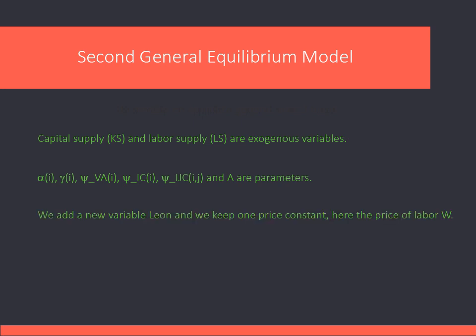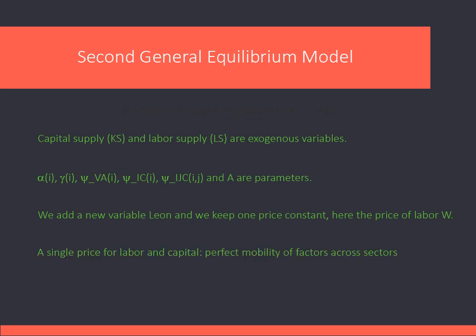Third remark, again we add a new variable, Léon, and we keep one price constant, here the price of labor. So with that we have the same number of independent equations as the number of free variables, and we keep all equations.